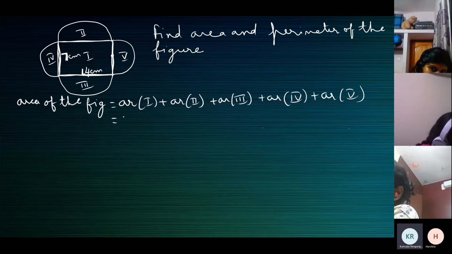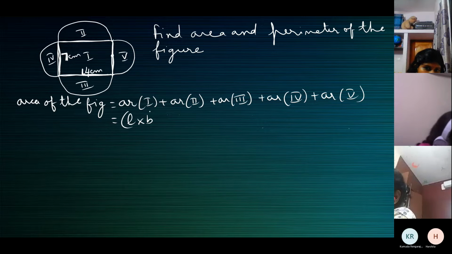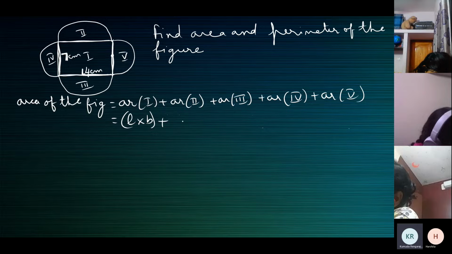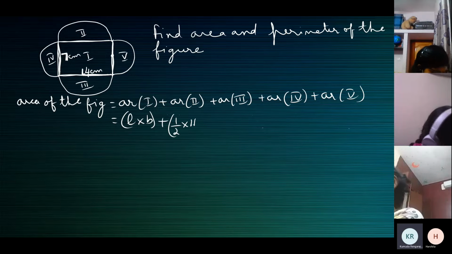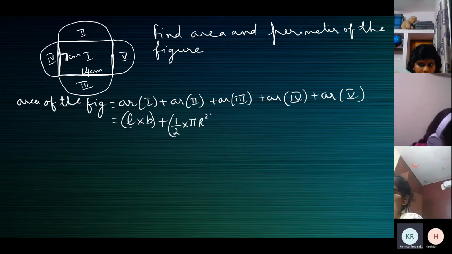Now 1 is a rectangle. What's the area of the rectangle? Length into breadth, plus area of 2, a semicircle. Semicircle is half into pi r square. So half pi, I'll use a capital R here, r square.